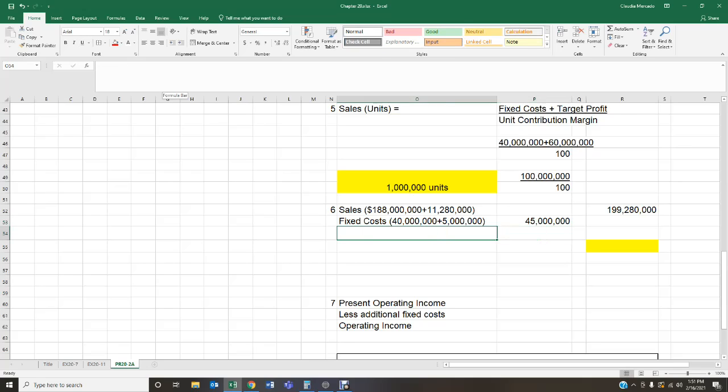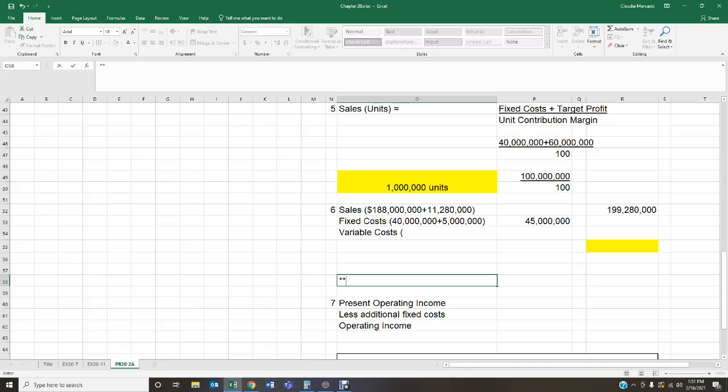Now I've got my variable cost. For this one, we need to do an extra calculation. I'm going to put the calculation down here on the bottom. So for my variable cost, I need to do a calculation.